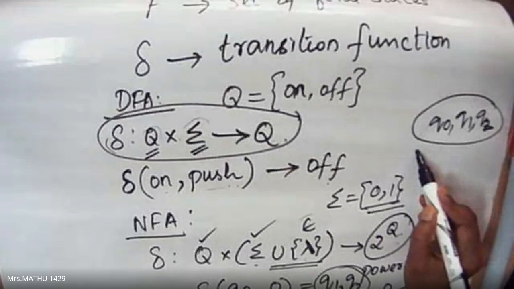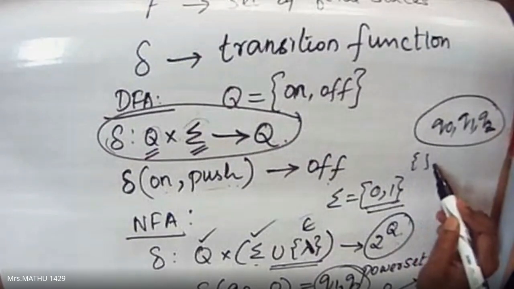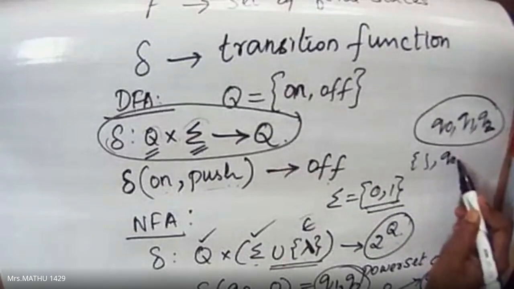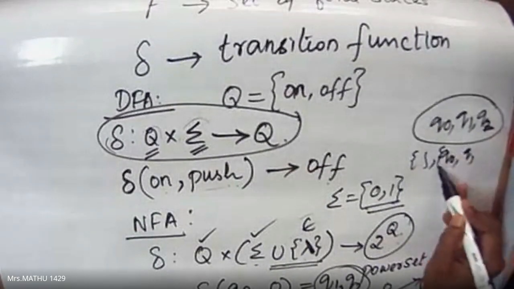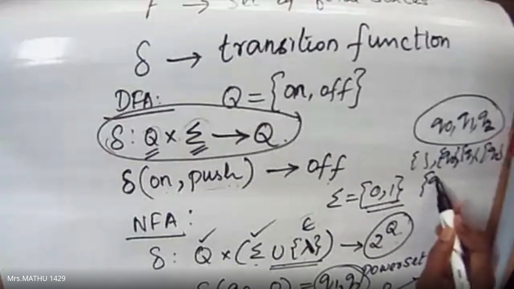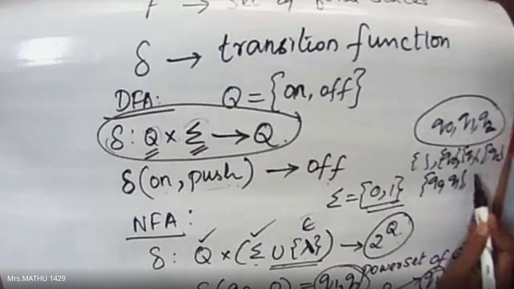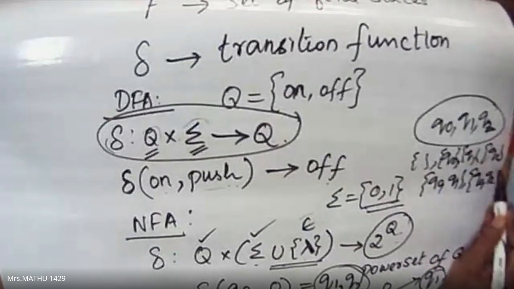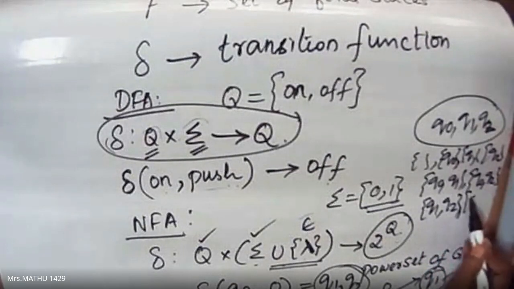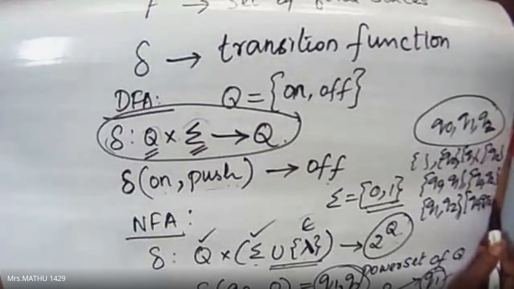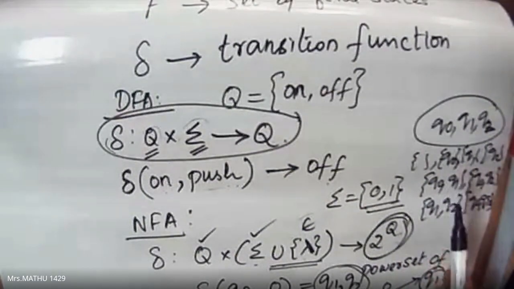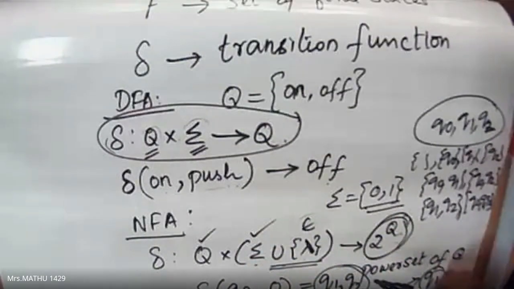It includes the empty set, and then Q naught, Q1 separately, and Q2 separately. Then you can have Q naught Q1, Q naught Q2, then Q1 Q2, then Q naught Q1 Q2. So the output will be any among this power set. That is the meaning of this transition function.